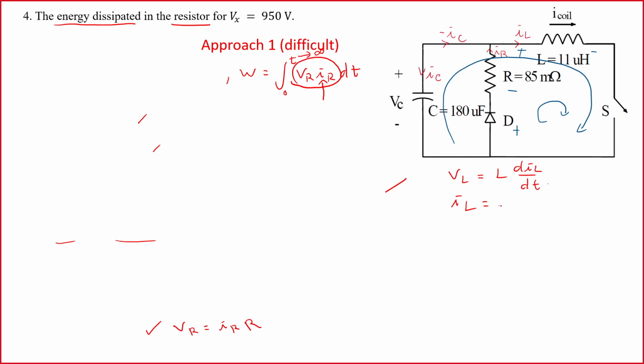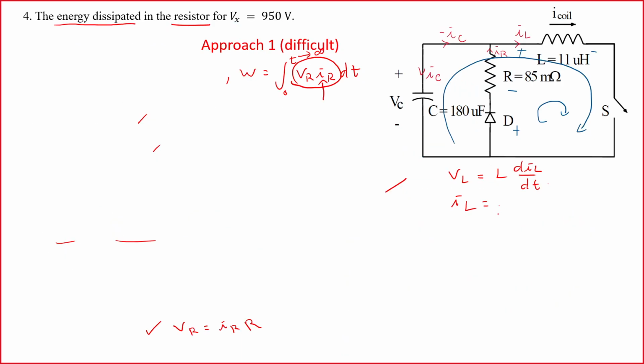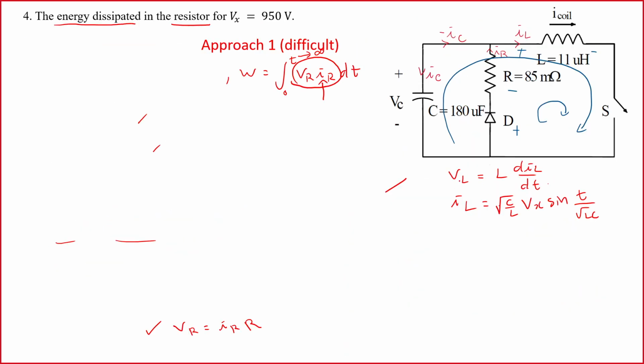You have IL here, which is square root of C over L times sine of t over square root of LC. So you have IL, and VL can be found by taking the time derivative of this IL.